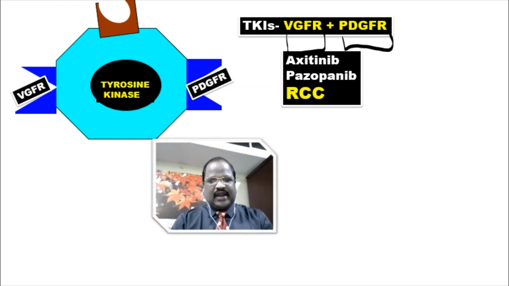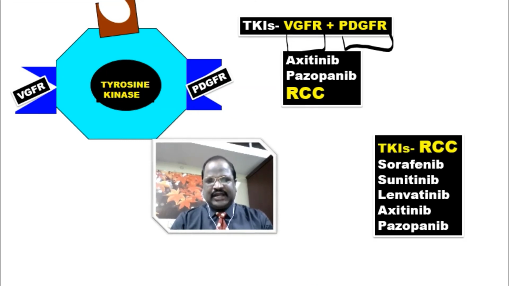In that, I want to give one summary point. The point is, what are all the tyrosine kinase inhibitors useful for RCC? That includes sorafenib, sunitinib, lenvatinib, axitinib and pazopanib. Remember, in this, axitinib and pazopanib target both VEGFR and PDGFR.